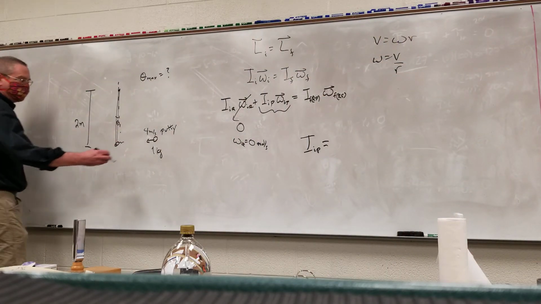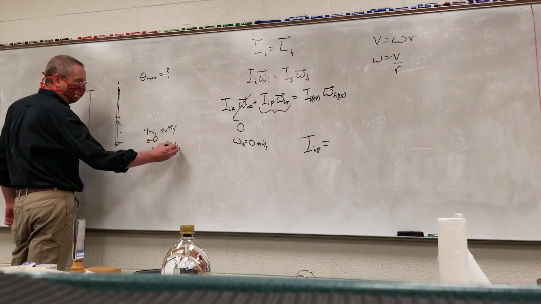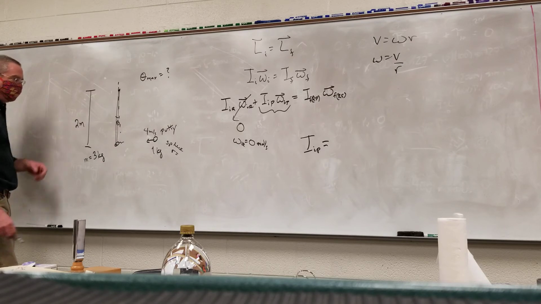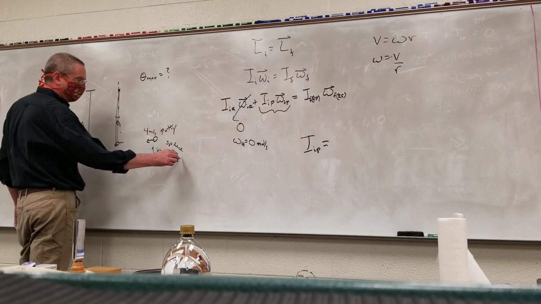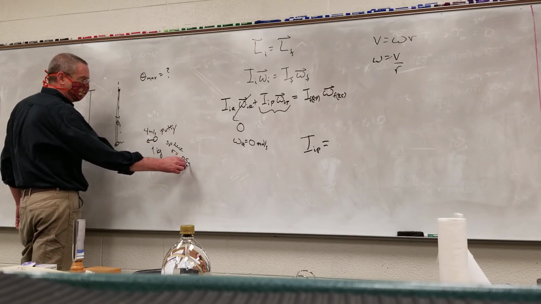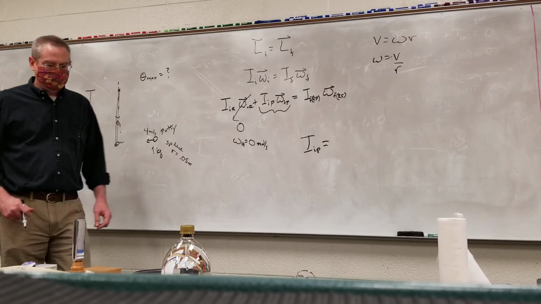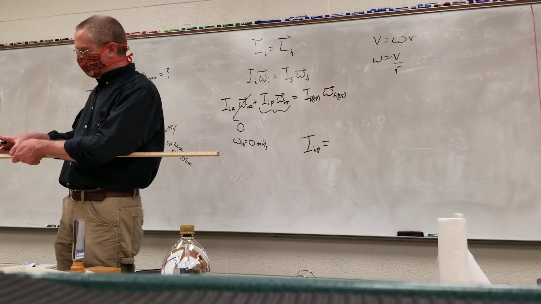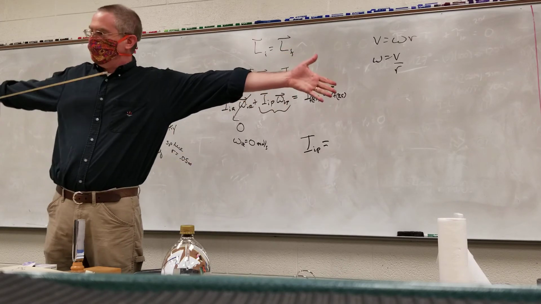Let's assume it's a sphere. Radius of, let's make it small compared to that 2 meters, so let's make it 0.05 meters. So this blob of putty is about that size compared to 2 meters long.